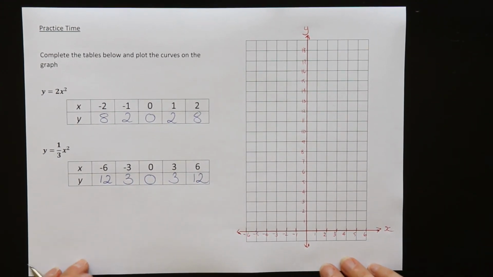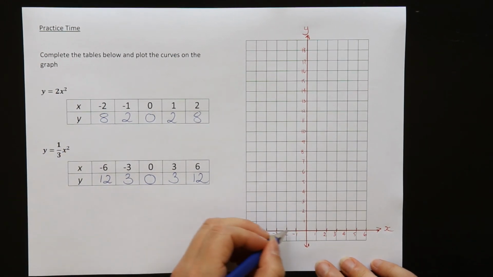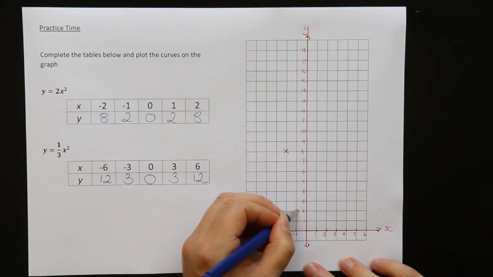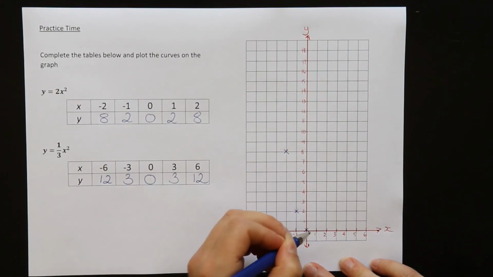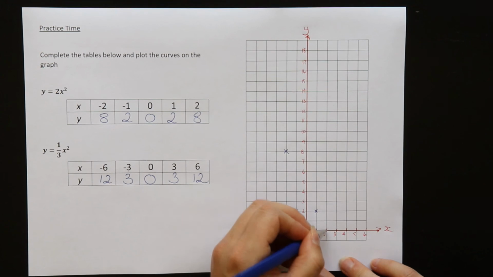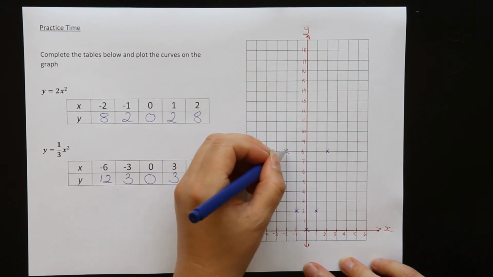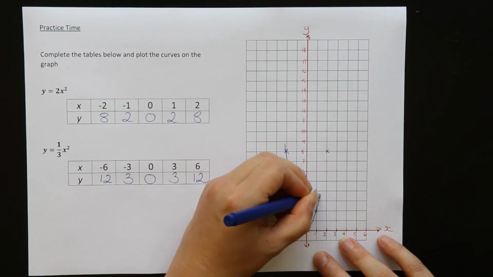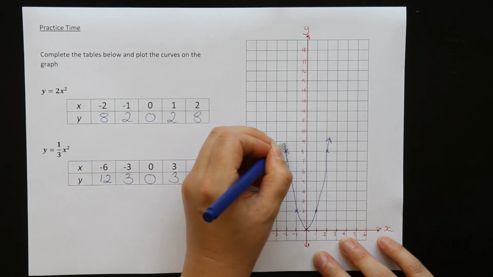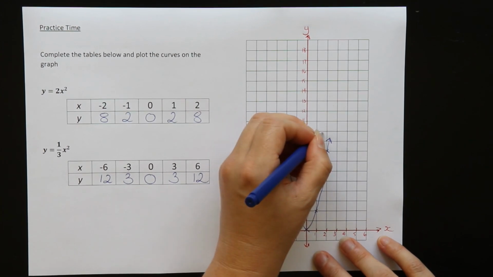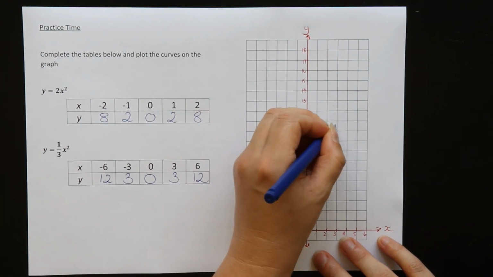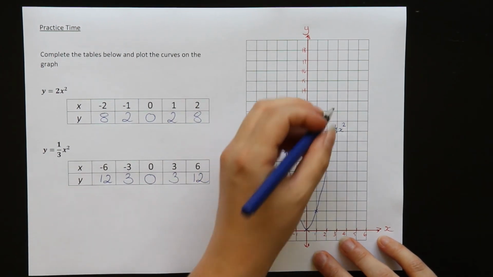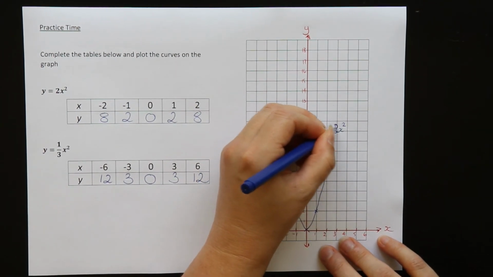Okay, let's plot each of those graphs. -2, 8. -1, 2. 0, 0. 1, 2, and 2, 8. Okay, there's our first parabola, our first curve. Oh, a bit wobbly there. Oh, sorry, that's y equals 2x squared.